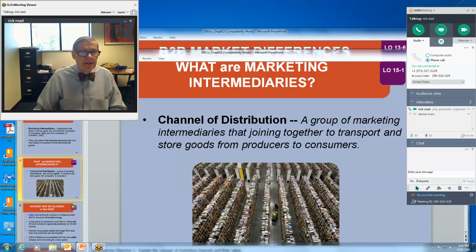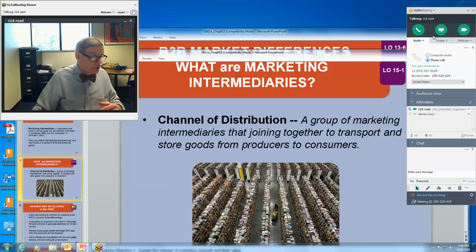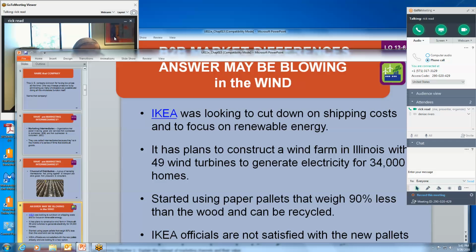The channel of distribution is all the marketing intermediaries, or a group of them, that get together to transport and store goods from the manufacturer to the consumer.